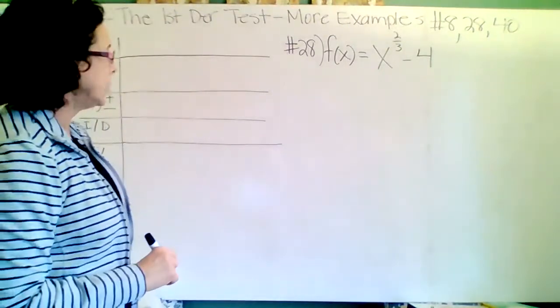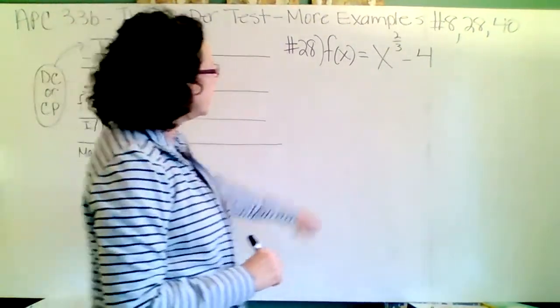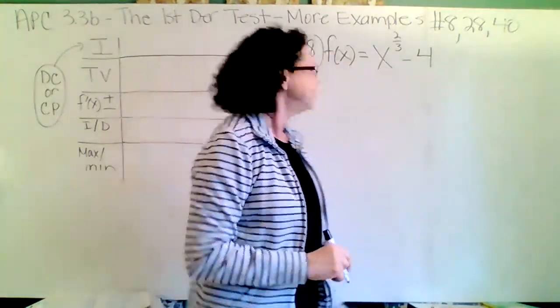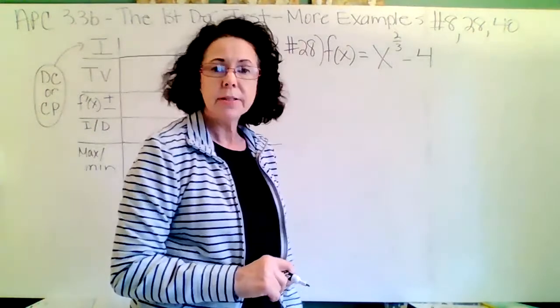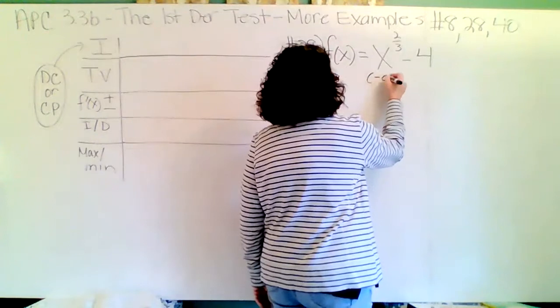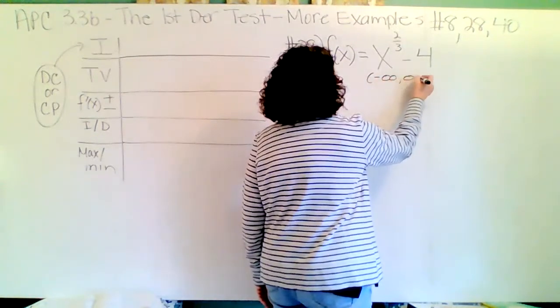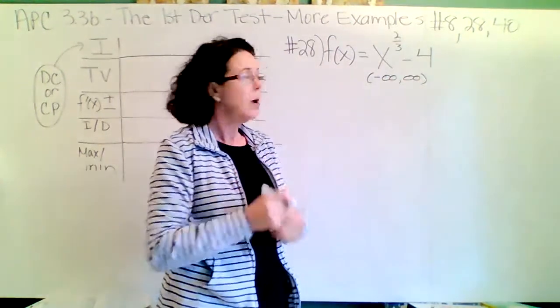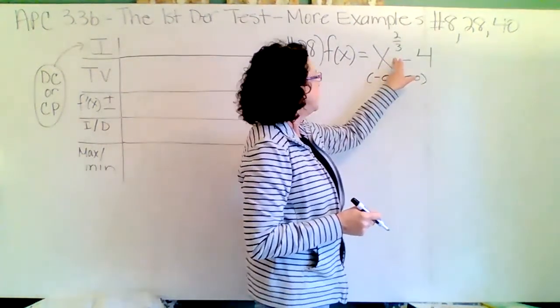First of all, any discontinuities? No, I can put any value I want in for x and produce an output. So the domain is from negative infinity to infinity. If you're unsure with that rational exponent, you can graph it and take a look. Or notice any x I pick, right?